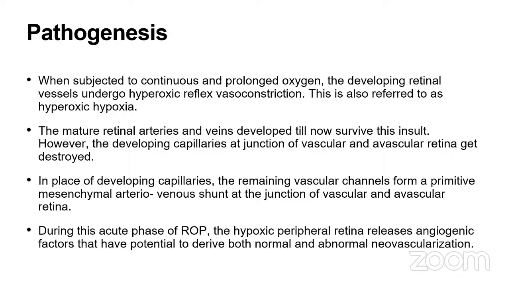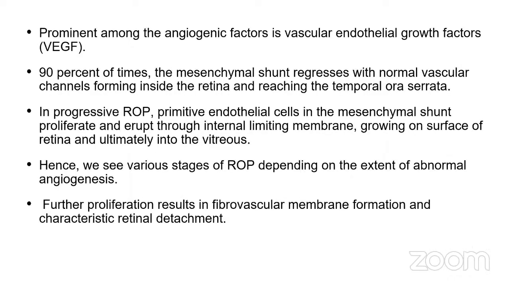During this acute phase of ROP, the hypoxic peripheral retina releases angiogenic factors that have the potential to drive both normal and abnormal neovascularization. The prominent factor among these angiogenic factors is vascular endothelial growth factor. In 90% of cases the mesenchymal shunt regresses, with normal vascular channels forming inside the retina and reaching the temporal ora serrata.